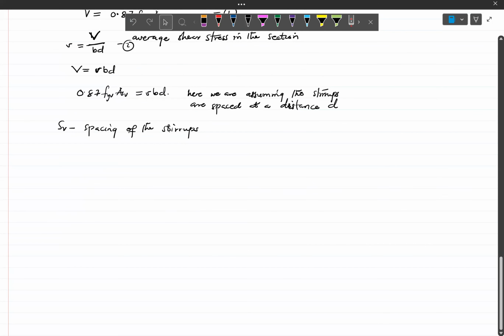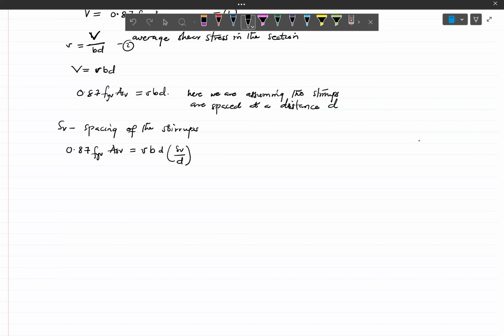Now, if that is the case, then we can rewrite the above equation to include that. So it becomes 0.87 FYV ASV, and this will be equal to the shear stress v times b times d times SV over d.